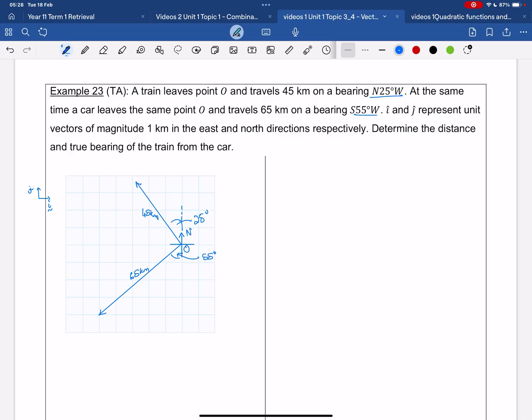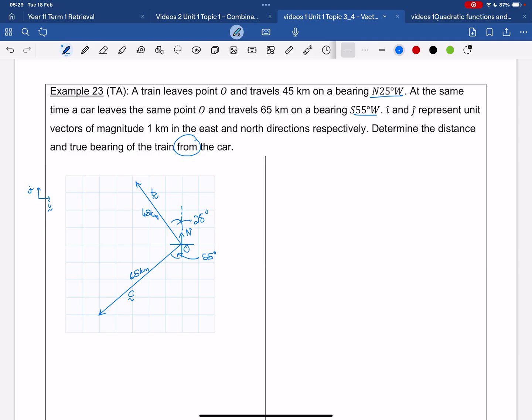Important that we get these angles right, because when we are resolving our vectors into components, if we don't have the right angles, we're not going to have the right components. And then they want, this is important, the distance and true bearing of the train from the car. So we'll define our variables in a moment, but we know that's our train and that's our car. The word of the train from the car tells us the direction of our resultant vector.